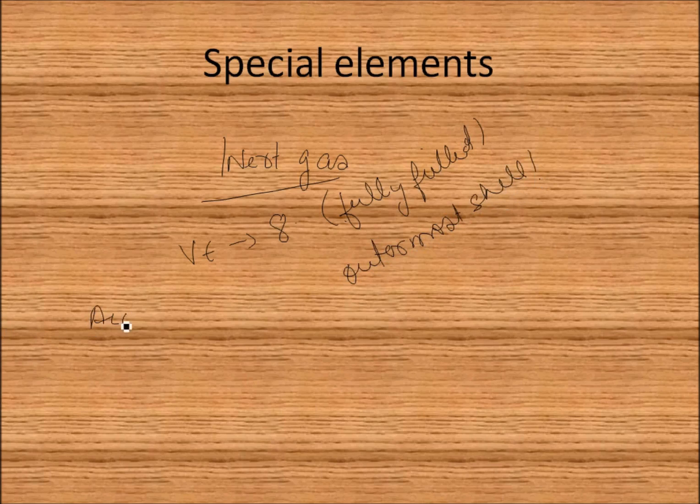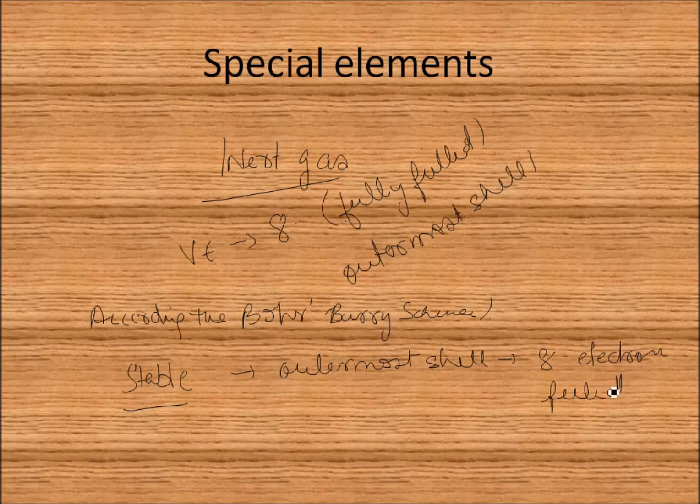Actually, according to the Bohr-Bury scheme, we should know that the outermost shell of a chemically stable atom can accommodate a maximum of 8 electrons, right? That is, if we talk about stability, the outermost shell should have 8 electrons filled, right?